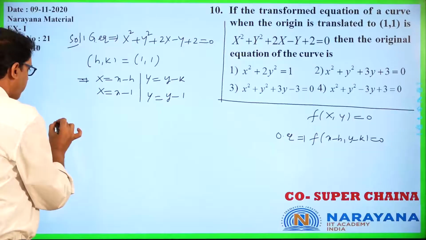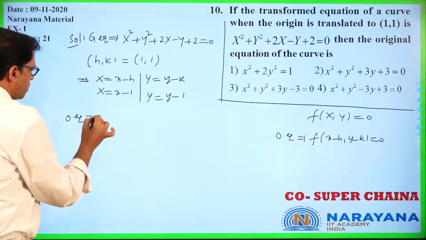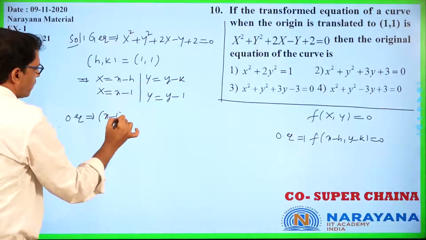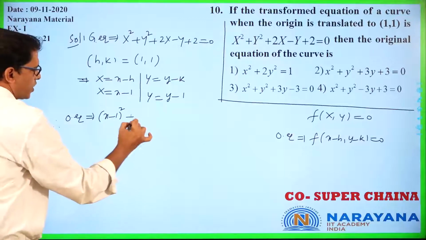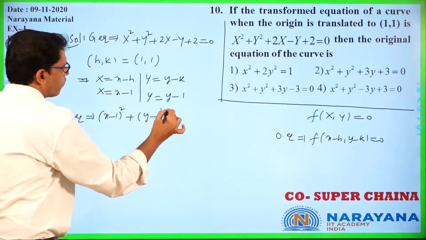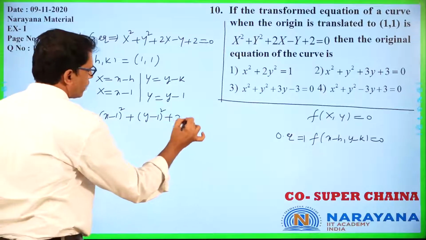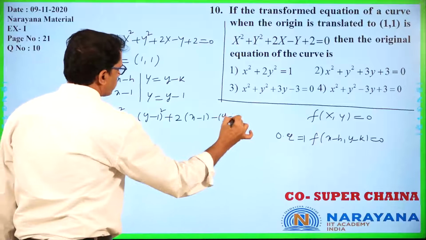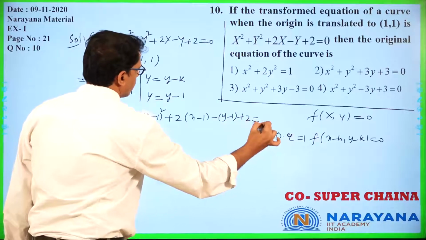Therefore the original equation implies: in the place of X, write (x minus 1) whole square, in the place of Y, write (y minus 1) whole square, then twice of (x minus 1), then minus of (y minus 1), then plus 2 equals 0.